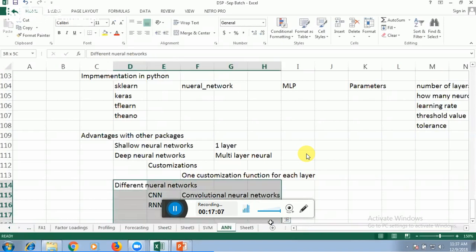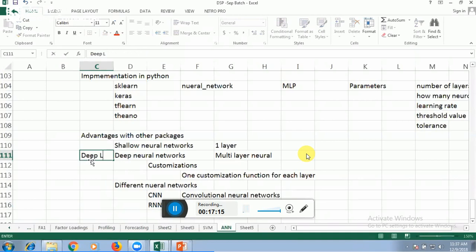There are some more additional algorithms implemented based on the neural network. All these things come under deep learning. Deep learning is nothing but an extension of neural networks. Instead of one single layer, you are using multiple layers, and the estimation process and customization are things you will not have with shallow neural networks.